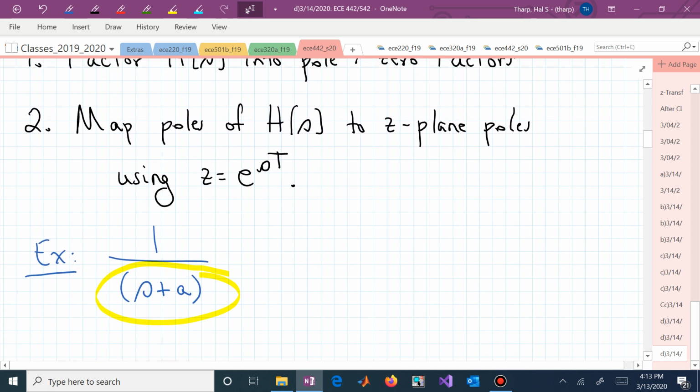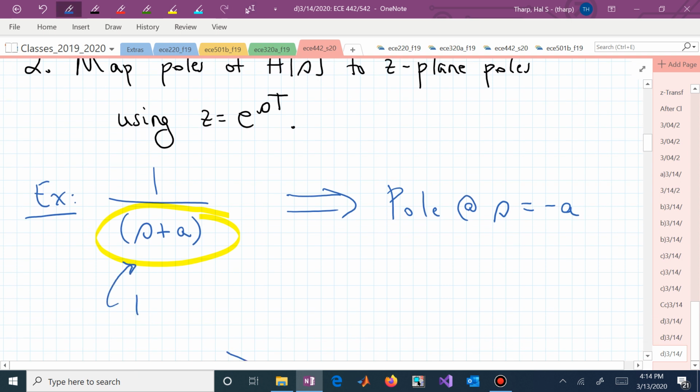Suppose now we had a single pole factor in this expression. The expression is 1 over s plus a. We have one pole, and where is that pole? In this particular case, we have a pole at the value of s that causes that denominator to vanish. We can set s plus a equal to 0, solve that for s, and we find that our pole is in fact at minus a.